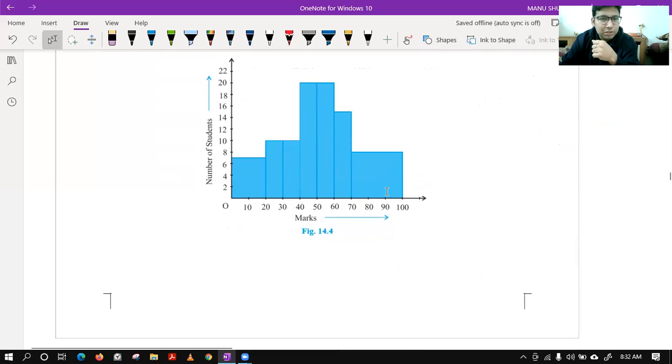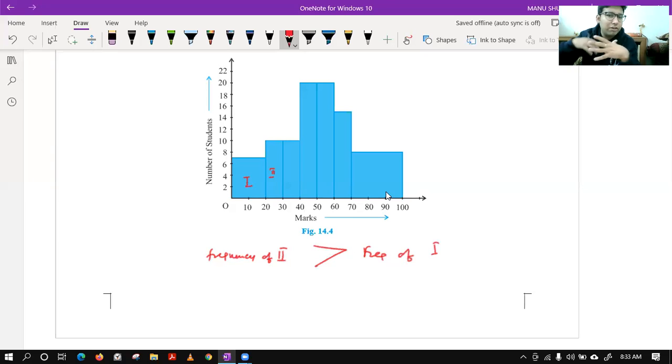Just see. This is the first bar we are having, or the first rectangle. This is the second rectangle. As you can see, frequency of second rectangle is more than frequency of first rectangle. Our condition is if frequency of second is more, its area should also be more. Let's try to find area of first rectangle.